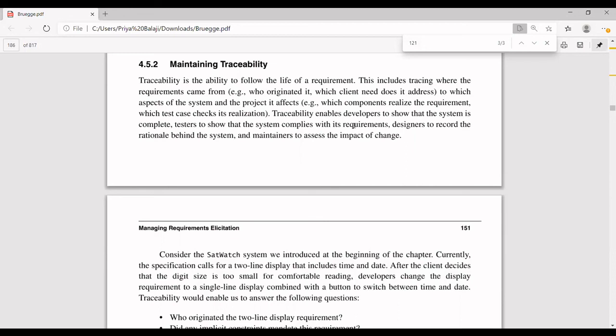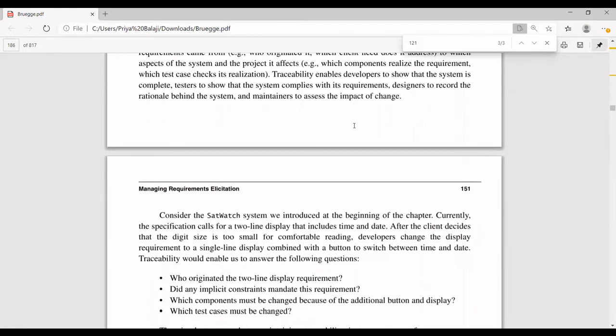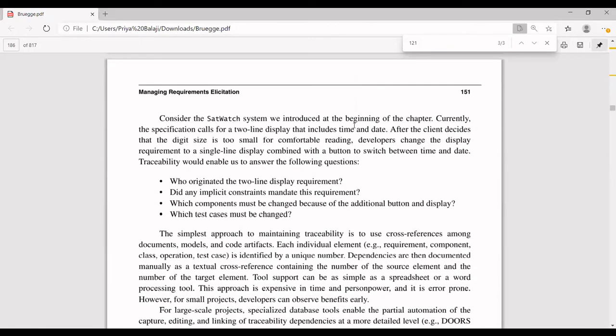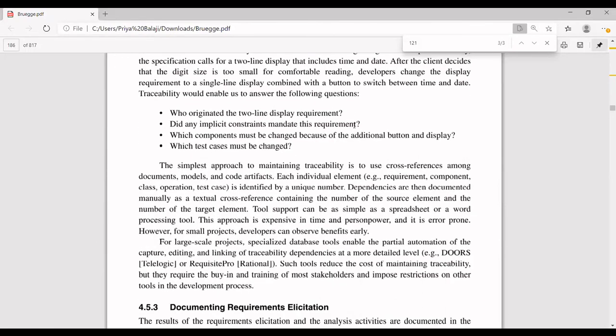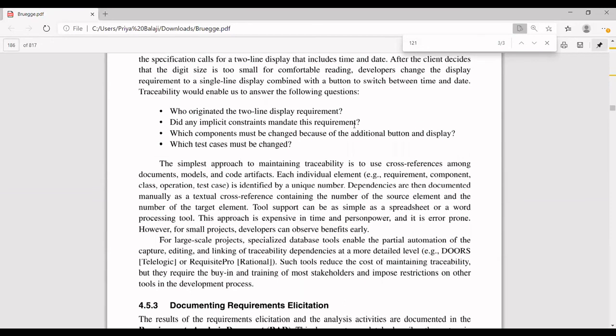After the client decides that the size is too small, the developers may change the requirement to a single line display combined with a button to switch between the time and date. Why did you change from a 2-line display to a single line display? The answer should be, the client feels the digits being displayed are too small, so we changed it from a 2-line display to a single line display.